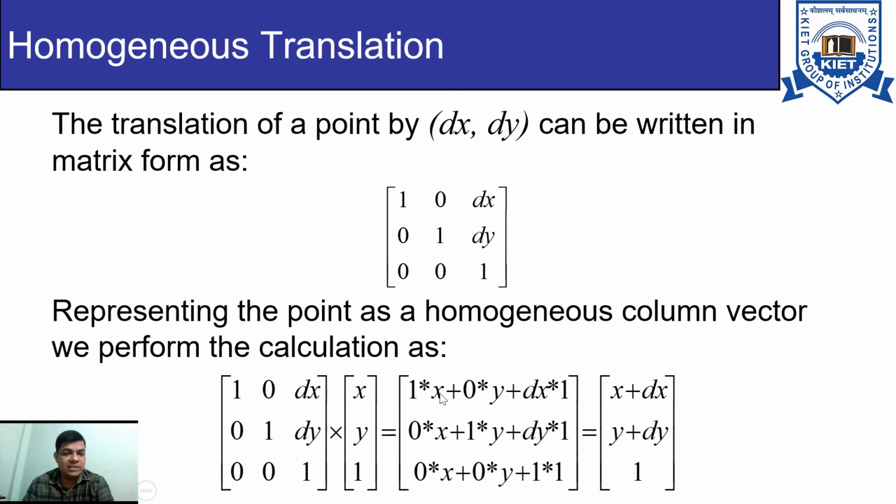You can easily see that in translation we are adding the translation vector, and we have already seen that the new coordinates will be x dash equals x plus dx, and y dash equals y plus dy. So if you represent the translation in this form, it gives you x plus dx and y plus dy.